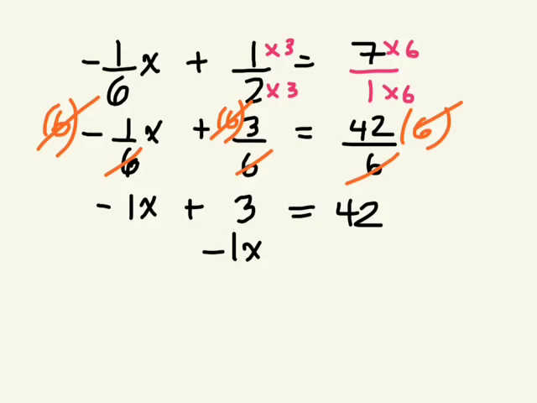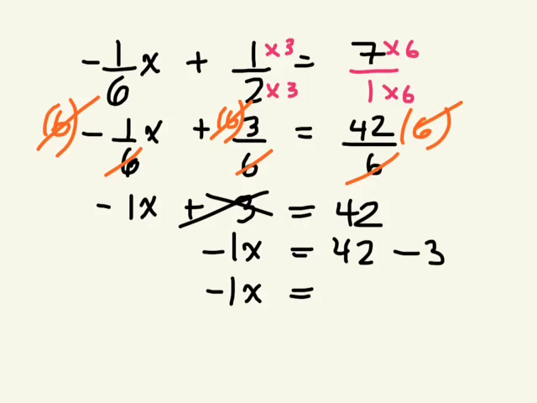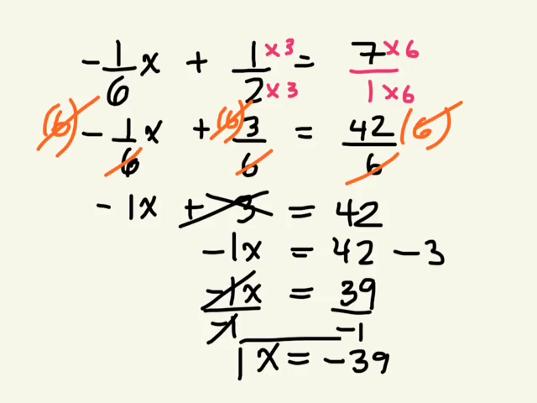So negative 1x equals 42 take away 3, right? I'm trying to get rid of that. What's 42 take away 3? 39, good. Is that the answer? What do I have to get rid of? Negative 1. What's a positive divided by a negative? So the answer should have been negative 39.